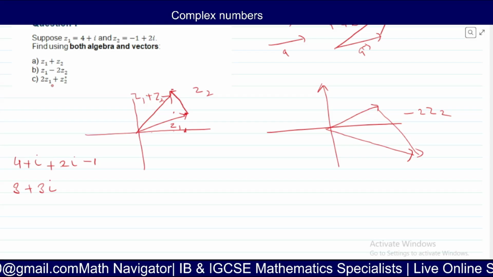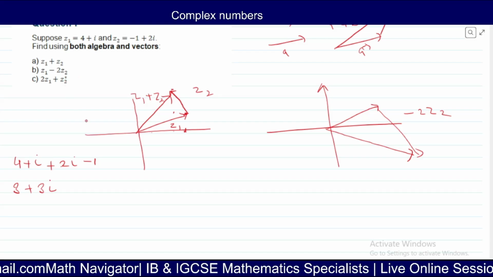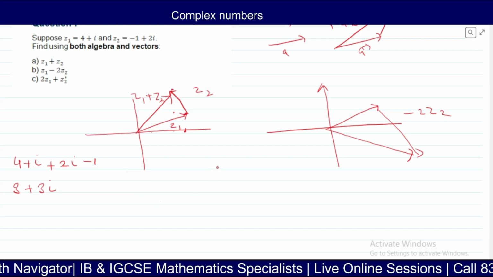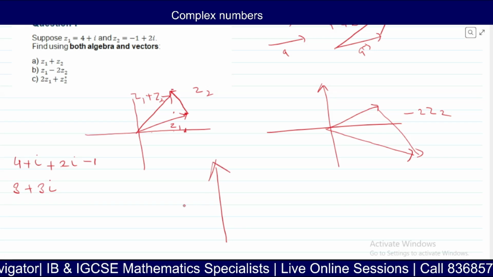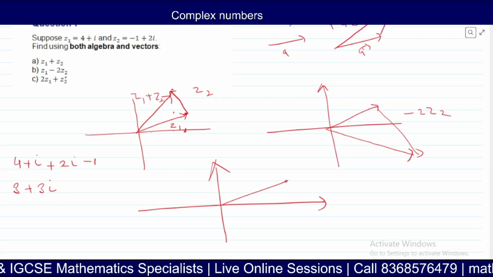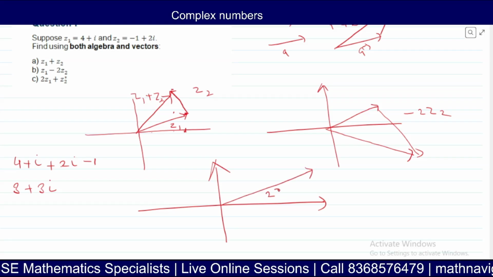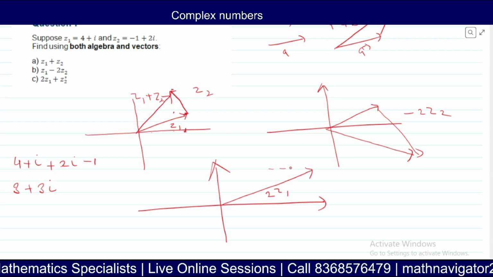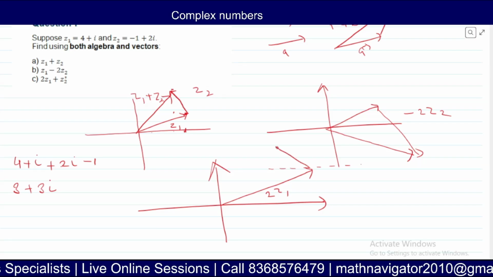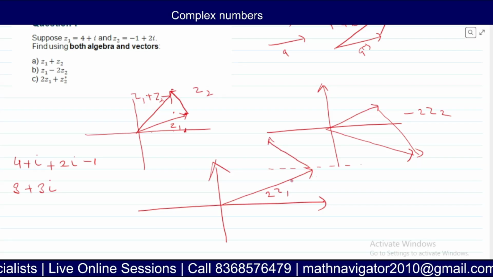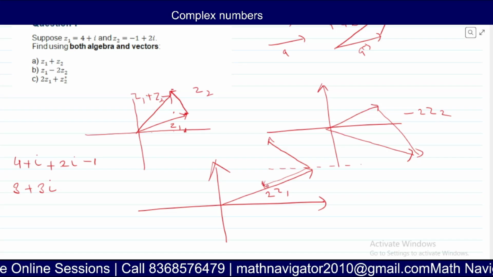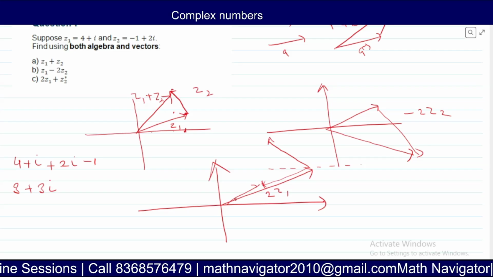Then 2z1 and conjugate of z2. So conjugate is making the same angle, right? So 2z1 will be something like this, twice the length. And let's say I want to keep it here. So my z2 is somewhere here. The conjugate is the same but making an opposite angle, so somewhere here it will come. So this will give me the answer, right?